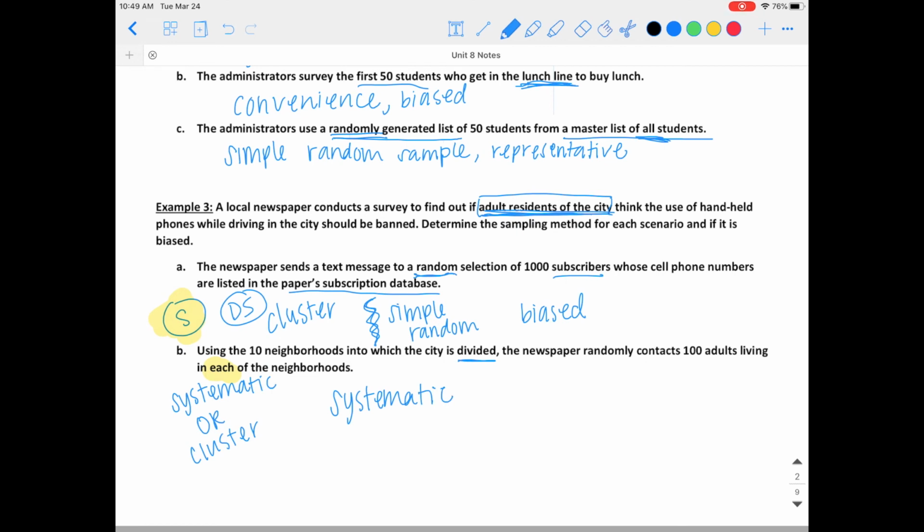So this is systematic. We are going to represent people from all sorts of places in this city, and in those places we're randomly contacting people. So this is definitely going to be representative of our population, because we're going to get a wide variety of people to represent just like a tiny version of what our population would look like.